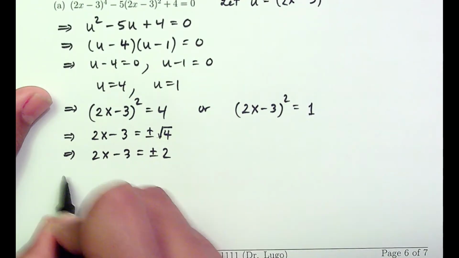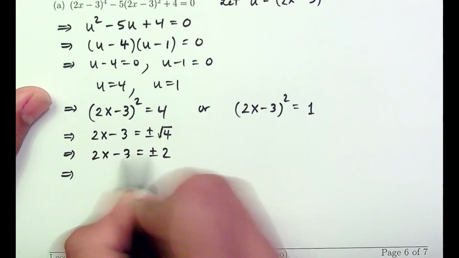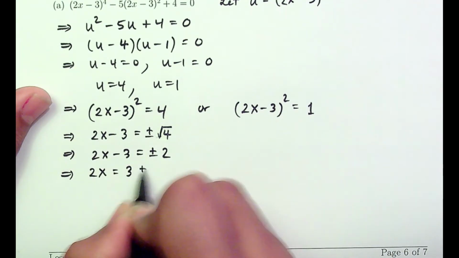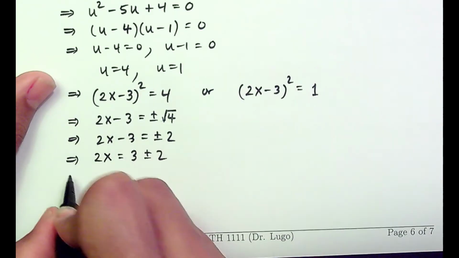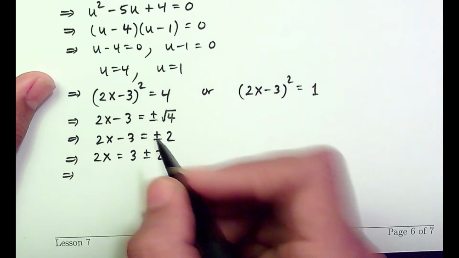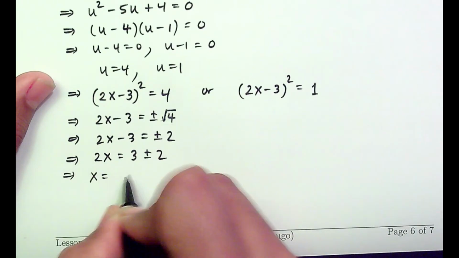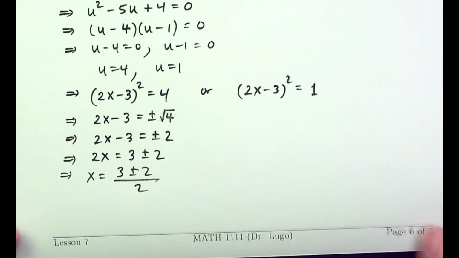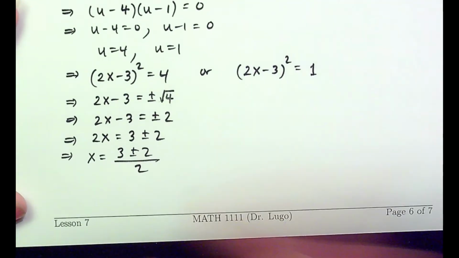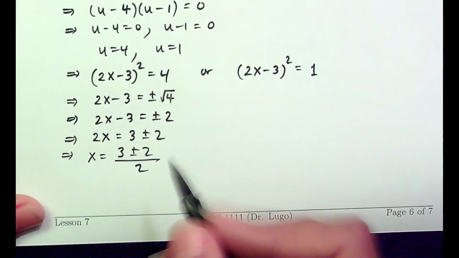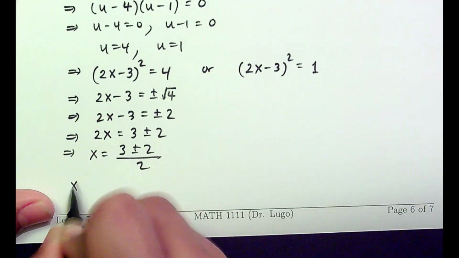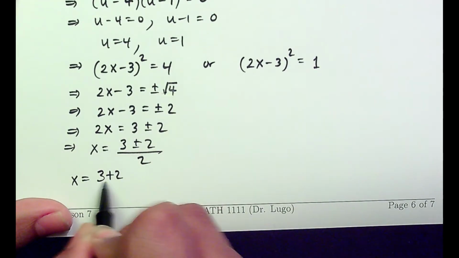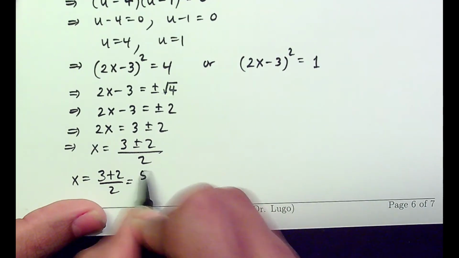Okay, and now this means moving the 3 to the other side. This means that 2x equals 3 plus or minus 2. And that means dividing by 2, x equals 3 plus or minus 2, all that divided by 2. And we should simplify. There's two possibilities here. We should work them both out and see what we get. So the first possibility is x equals 3 plus 2 over 2, which is 5 halves.